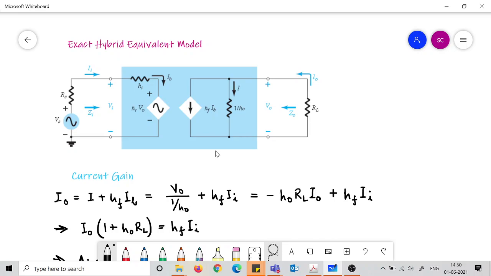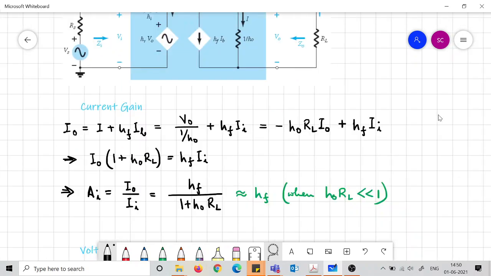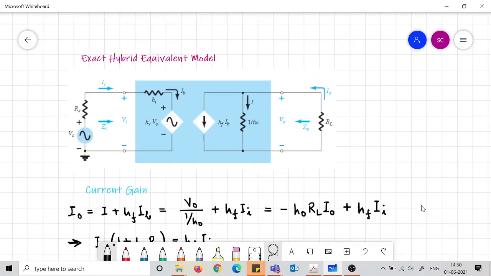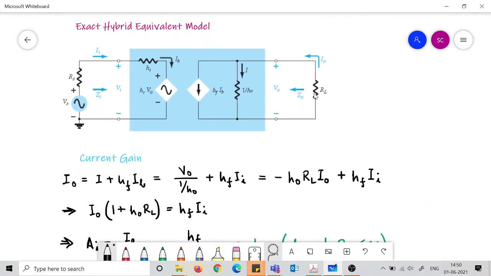So you have to figure out, for that particular BJT, what are its HI value, HF value, HR value, H0 value, that you need to employ here, and then you can work with this exact hybrid equivalent model and find out the different current gains in these terms.